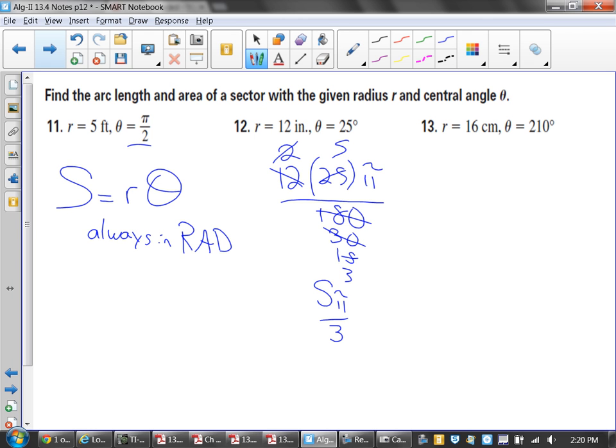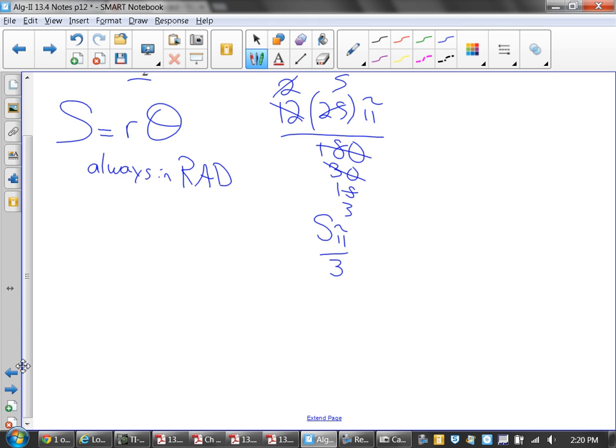The other part of this one was doing the area of the sector. The area of the sector was a little bit different. Area of the sector was 1/2 the radius squared times theta. Again, theta was in degrees. Some people have been doing this a little bit differently, writing it out as r squared times theta over 2.